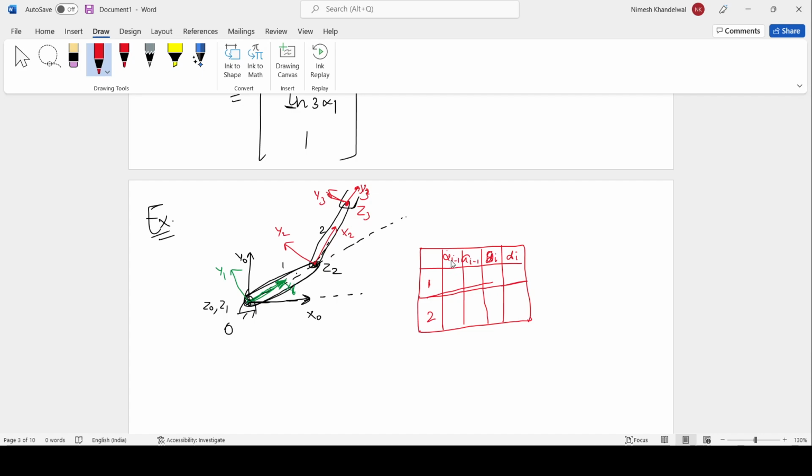Alpha i minus 1, that is alpha 0, means the twist between z0 and z1. The twist here right now is 0, right? And then there is a i minus 1, that is a0.